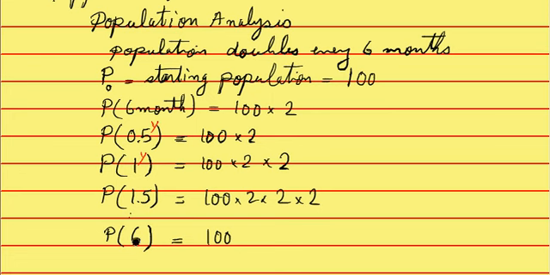In 6 years, every year is 2 periods of 6 months, so that's going to be 12 doublings. So I'm going to have that many of these 2's. How many of them? 12 times. Why 12 times? Because 6 years has 12 6-month periods.